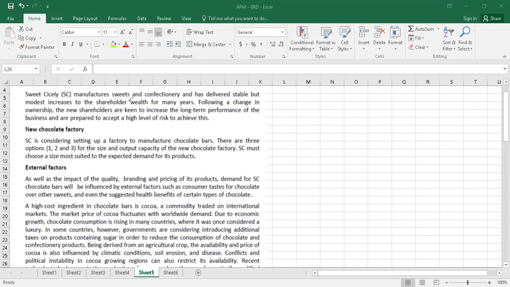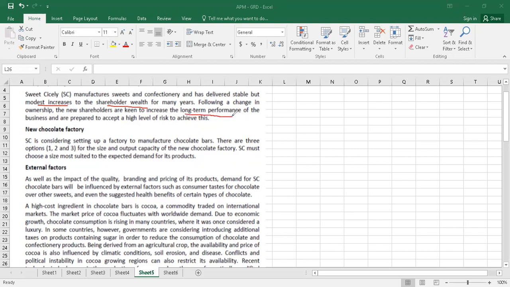It's a sweet and confectionery business and has delivered stable but modest increase to the shareholders' wealth for many years. Following a change in the ownership, the new shareholders are keen to increase the long-term performance.